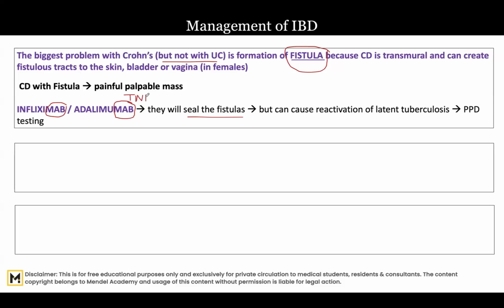So what is the point of using these? What is the role of TNF alpha in treating Crohn's disease? Now, TNF alpha is responsible for the formation of a granuloma. It holds a granuloma in place like a fortress, so the granuloma does not collapse.